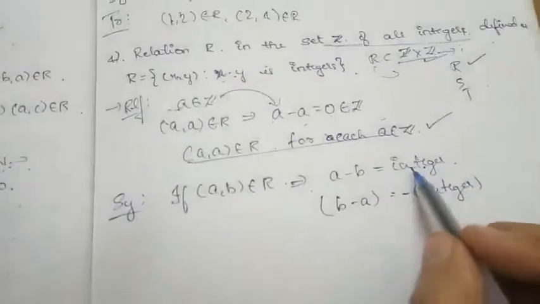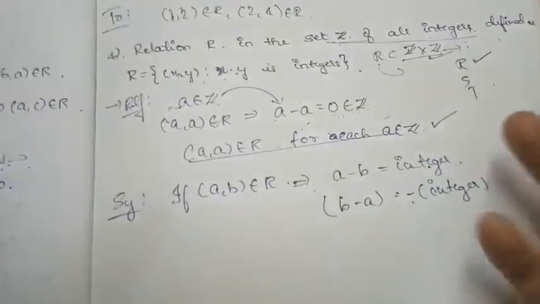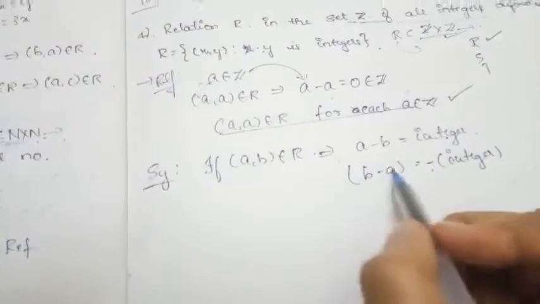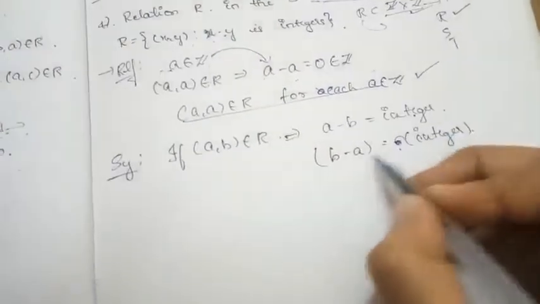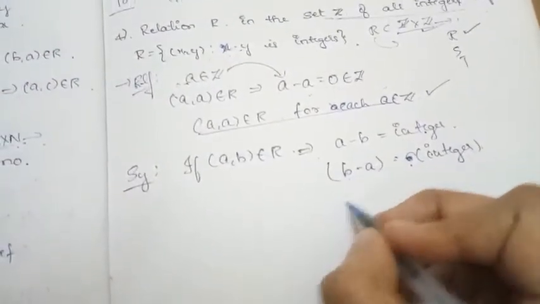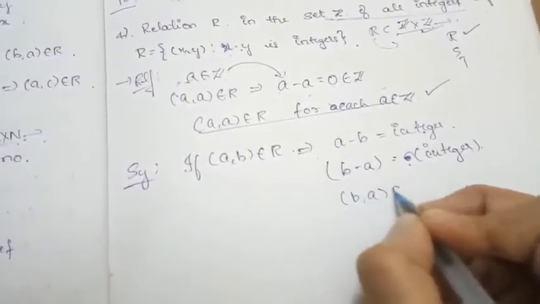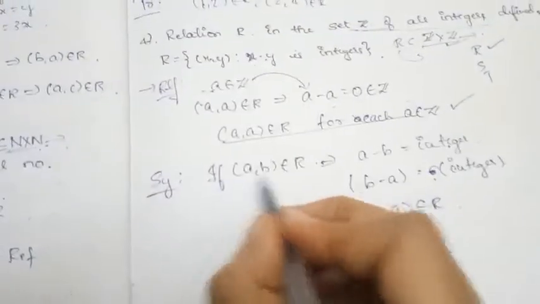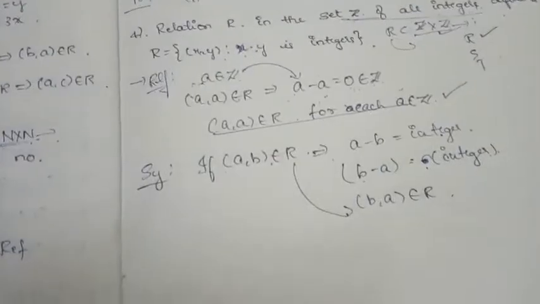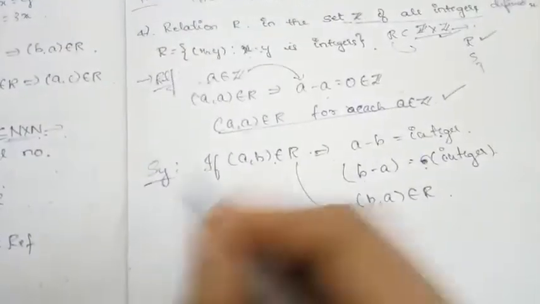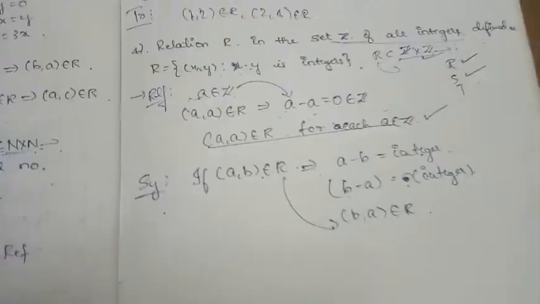Even though it is positive or negative, both are integers. So if a minus b is an integer, b minus a is also an integer. B minus a being an integer implies (b, a) belongs to R. So if (a, b) belongs to the relation and (b, a) also belongs to the relation, then that relation is called a symmetric relation.